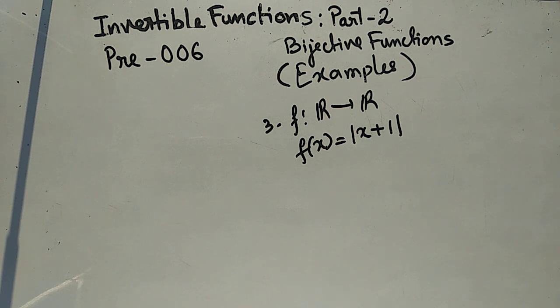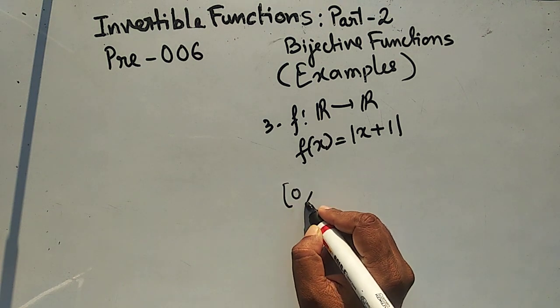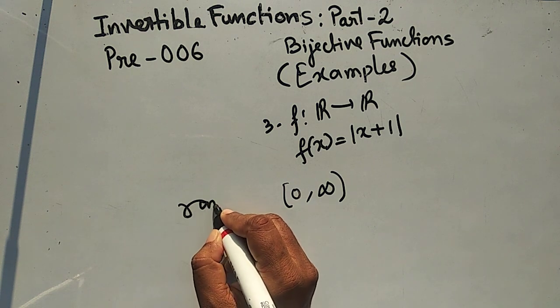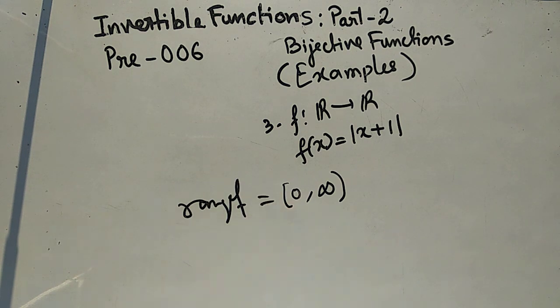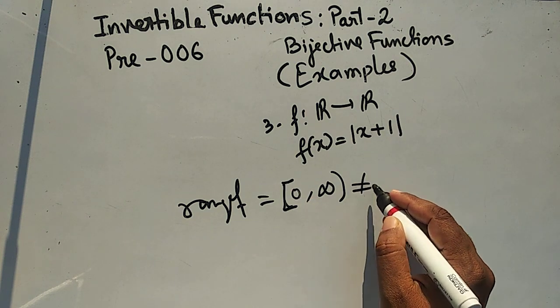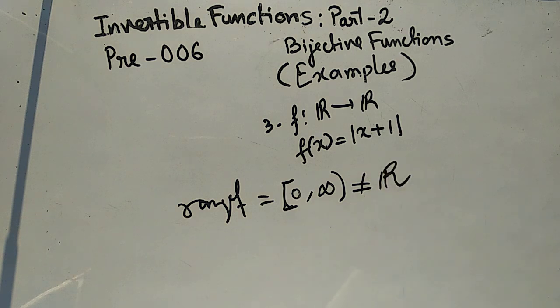So here, this is nothing but the modulus function, so its range will be 0 to infinity. Now this is the range of the function. Now, is this set equal to this set? The answer is clearly no, because it lacks all the negative points. So this function is not onto.